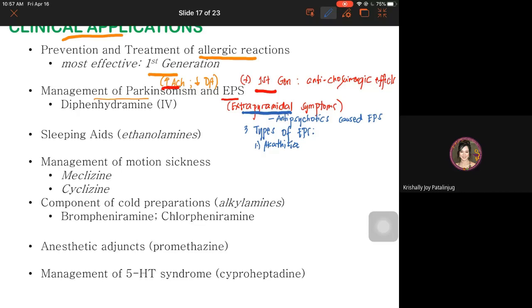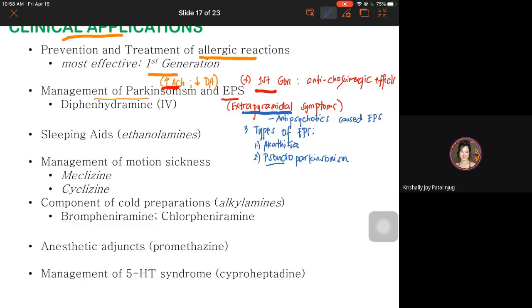Second, pseudo Parkinsonism. So pseudo, it's a fake one, no? Dili gid katong real nga Parkinson disease. Pseudo lang. It manifests the same symptoms to a patient nga merong totoong Parkinson's disease.